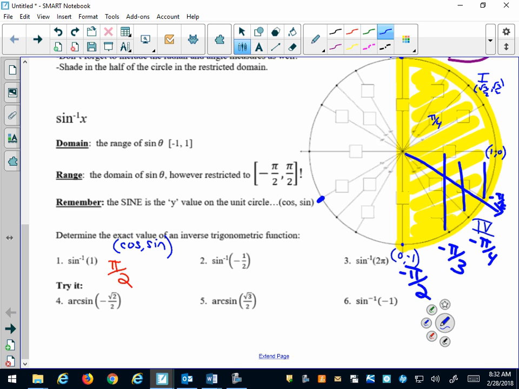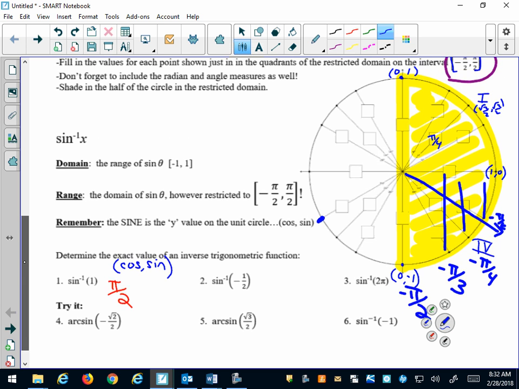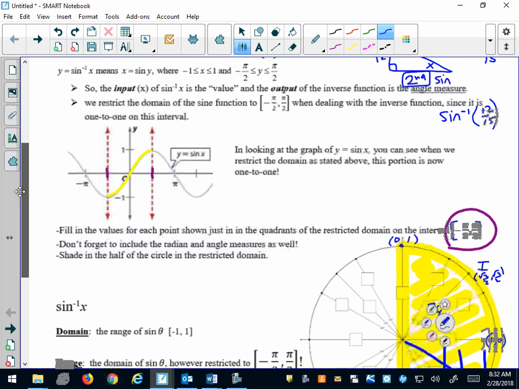So we're not thinking about it as the full unit circle around, because think about how that would look on the graph. That would be this part, and then this part. And that's cuckoo, so we need to put it all together. On here, we restricted it from negative pi over 2 to pi over 2.